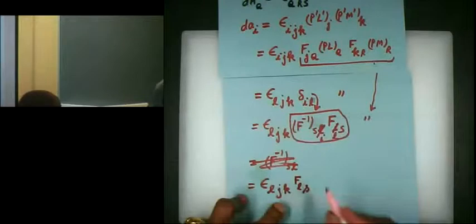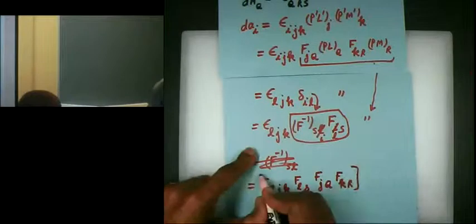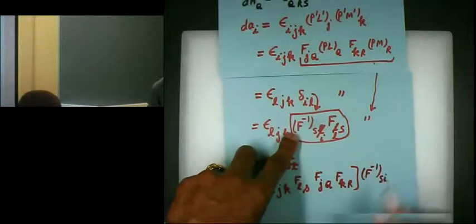So I have F J Q F K R. I have F inverse S I. Then I have P L Q P M R. So I think we copied every term.